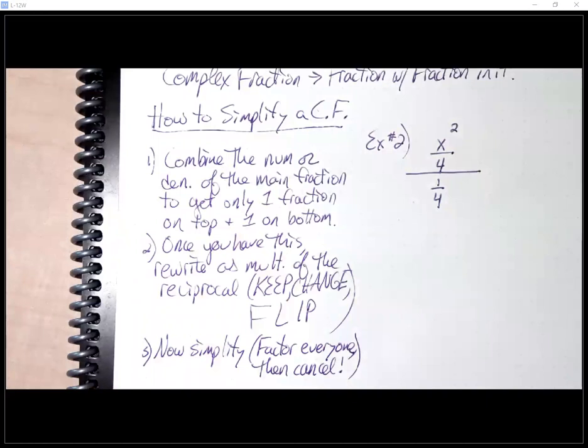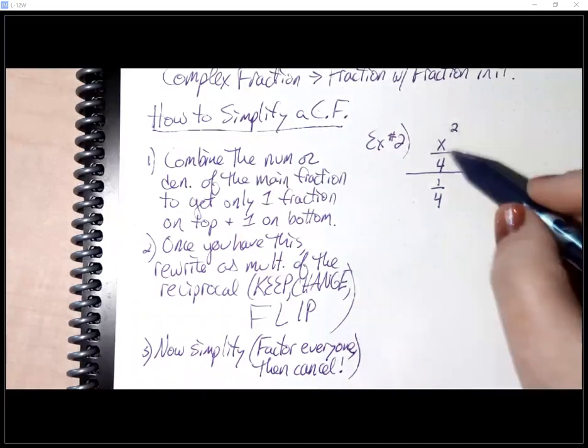So this one, luckily, is already done for me. I already have a single fraction divided by a single fraction. So this one is literally ready for step 2. I'm just going to rewrite it as keep, change, flip. You keep the first fraction, your numerator, that does not change.